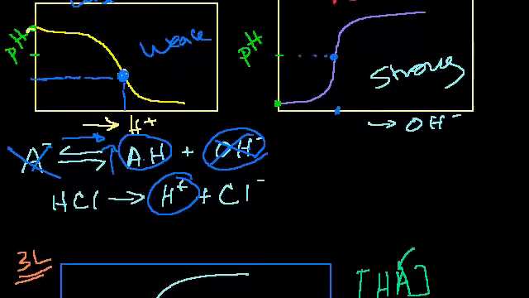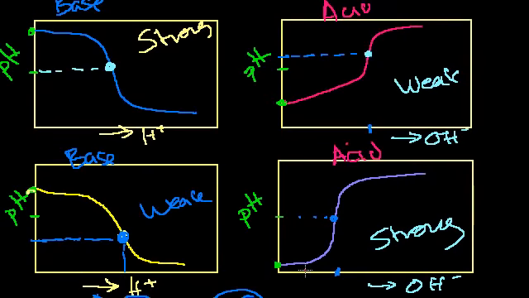Obviously, if you take a strong acid, you can't say, oh, my half equivalence point is here, and so therefore this must be the pKa. No, there is no equilibrium constant for a strong acid, and there is no equilibrium constant for a strong base because they're not in equilibrium. They dissociate completely. Anyway, hopefully you have a good understanding of titration now.